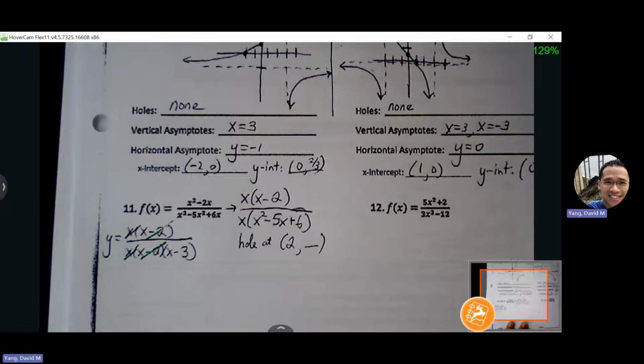The asymptote really takes precedence over the hole. Either way, the graph doesn't exist at 2, but we don't really see a hole because everything is being canceled out. Yeah, it's kind of a strange case.